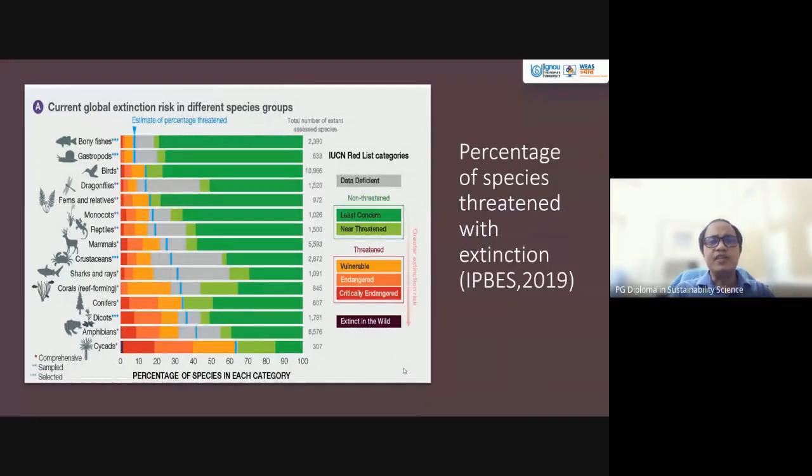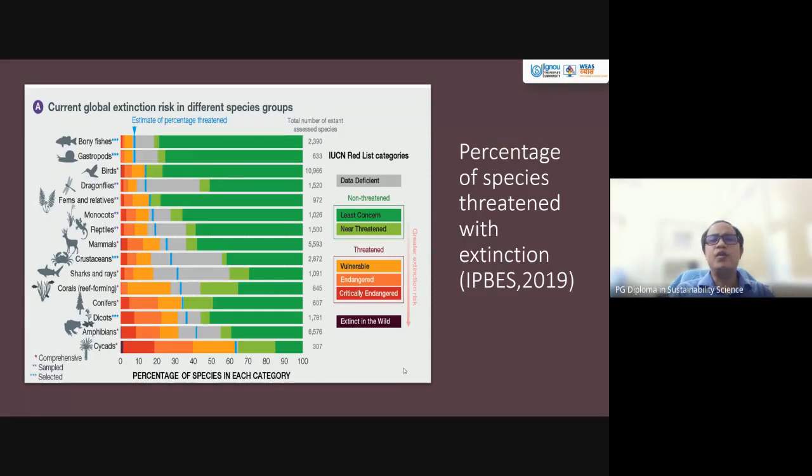So if you look into that, this publication by IPBES gives a figure on the different categories and the estimated percentage of threatened species on planet Earth. This is how you will be able to understand easily, right? This is a simple, limited study.